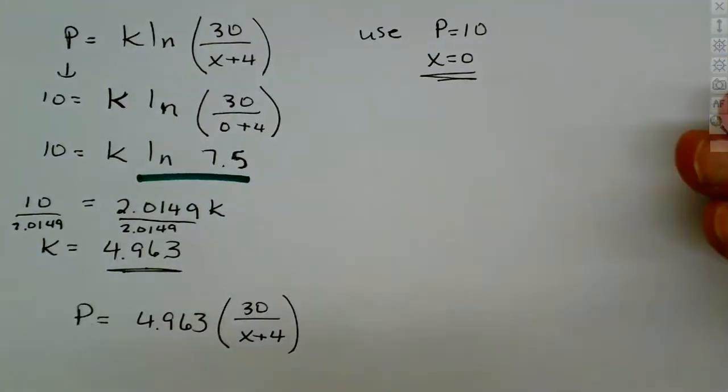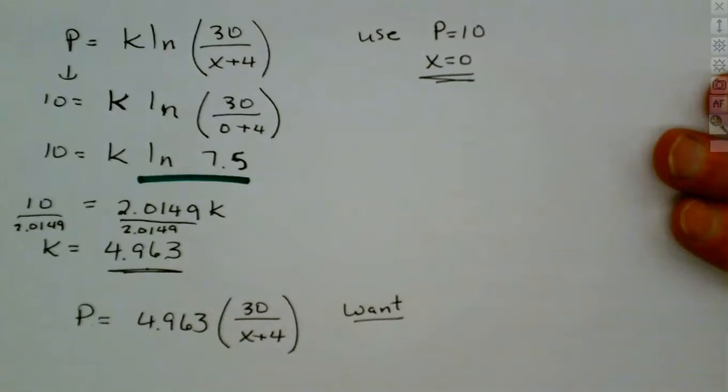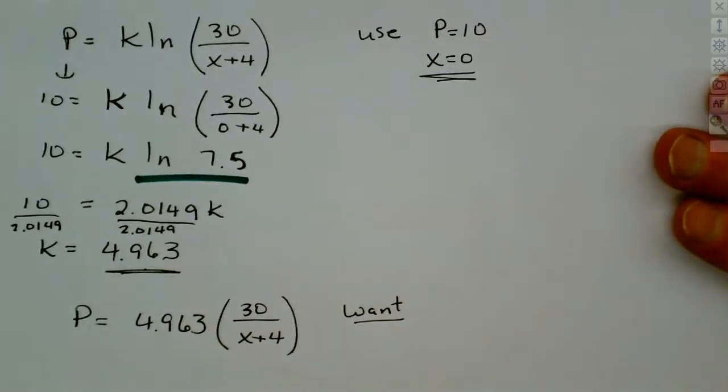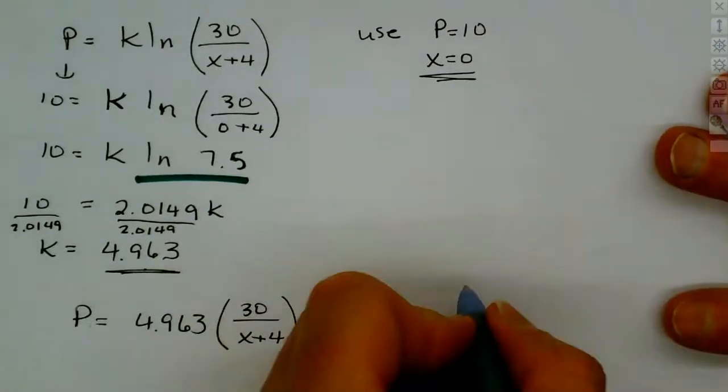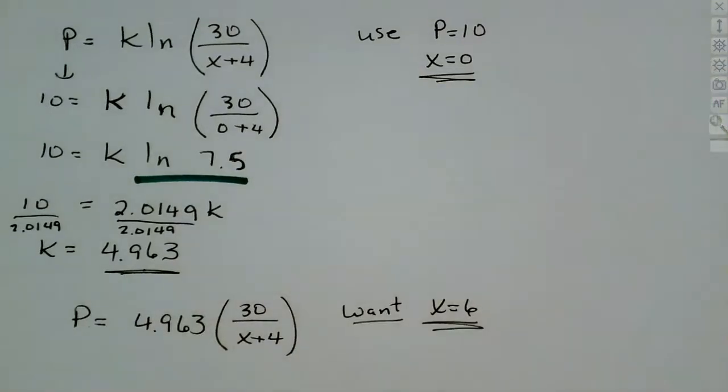Now, what do we want? We want to take out 6% of their habitat. So we're going to be using x equals 6 there, because x represents the habitat.